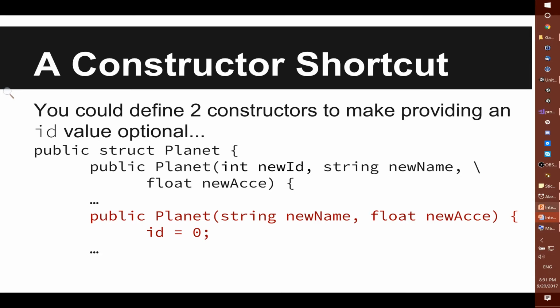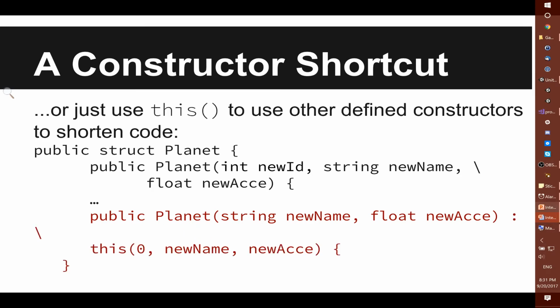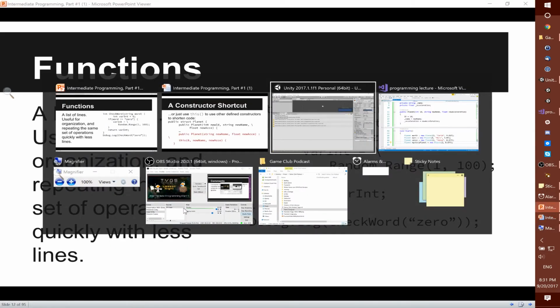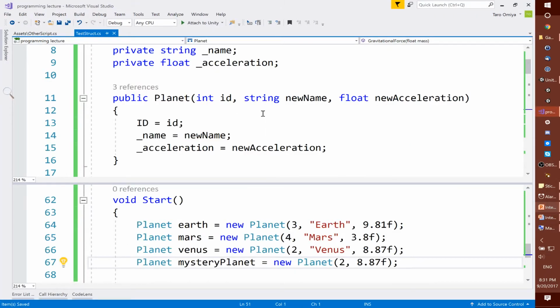A constructor shortcut: you could define 2 constructors to make providing an ID value optional, or just use this to define other constructors to shorten the code. So that's a good thing to quickly mention.